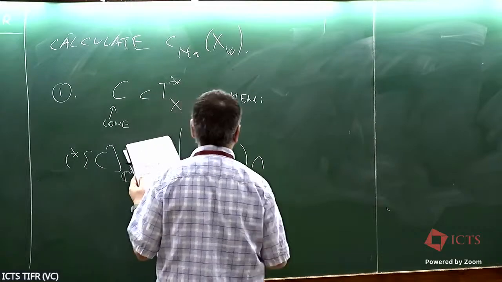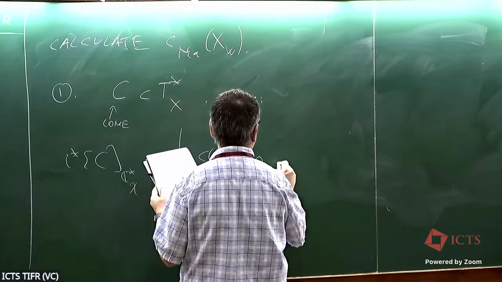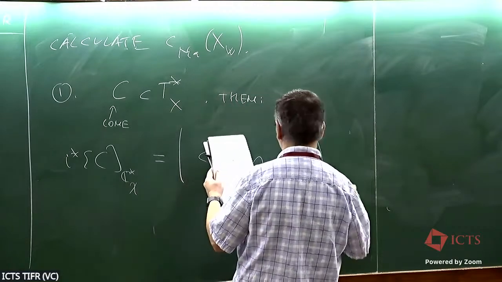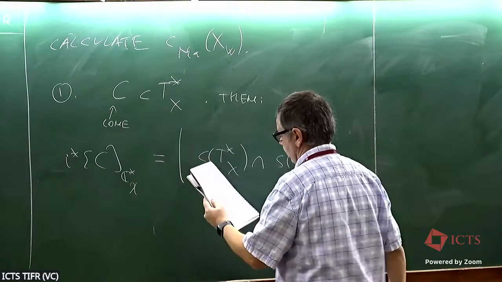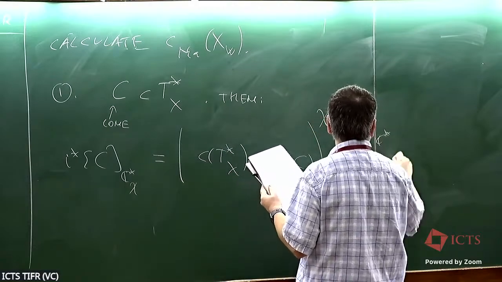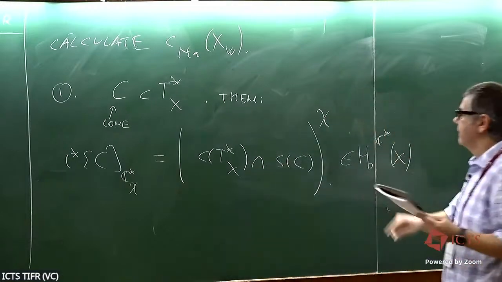You take the total Chern class of the cotangent bundle and you intersect that with the Segre class of the cone, and then you homogenize everything with respect to the character chi. So this is going to be some class which lives in this C star equivariant homology.